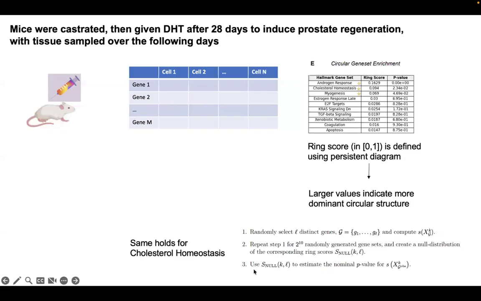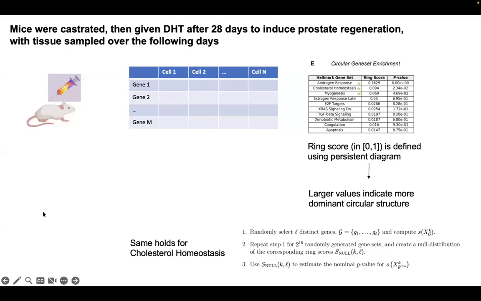With this new distribution, they estimate the p-value for the target set of genes. That's how they got the p-value in the right column. Based on that, they concluded that androgen response, cholesterol homeostasis, and myogenesis are highly plausible to have circular phenomena.